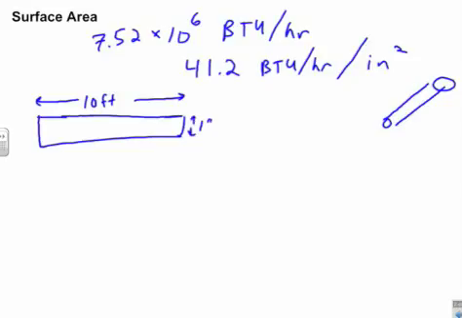So probably the easiest thing here is to find out, well, how much surface area would each tube need? Oh, so anyway, I guess I didn't ask you an overall question. I need, what are the minimum number of tubes needed in this heat exchanger?